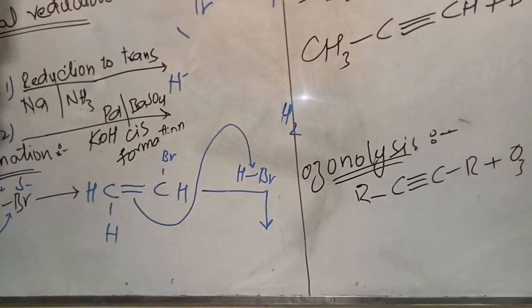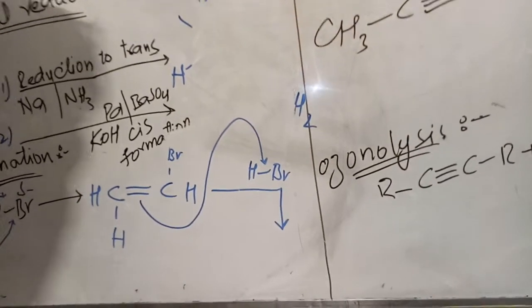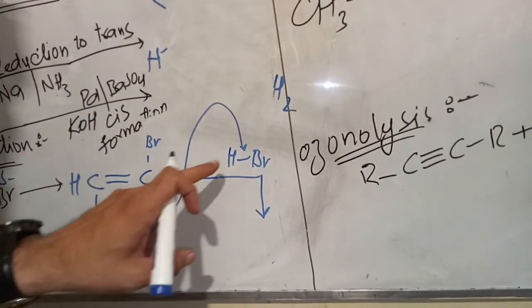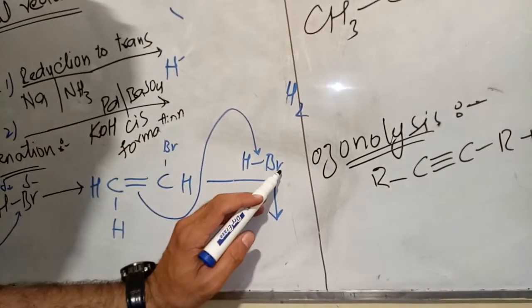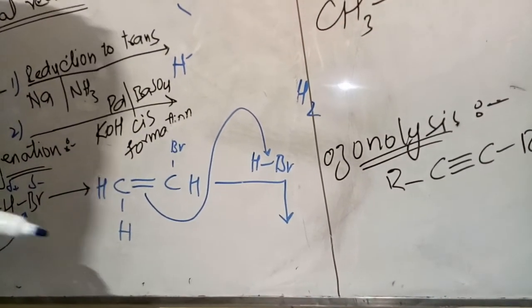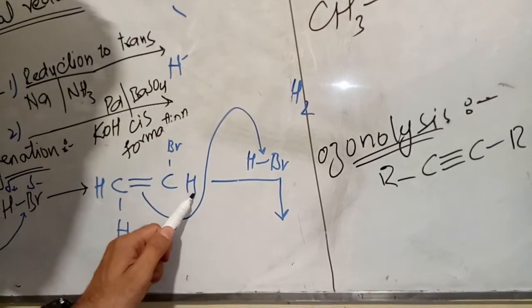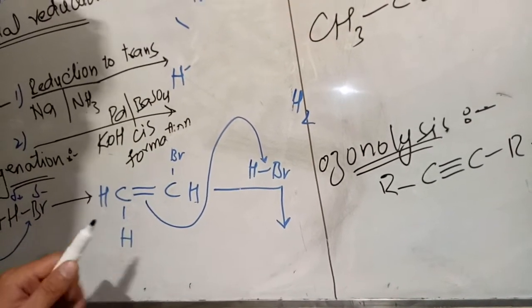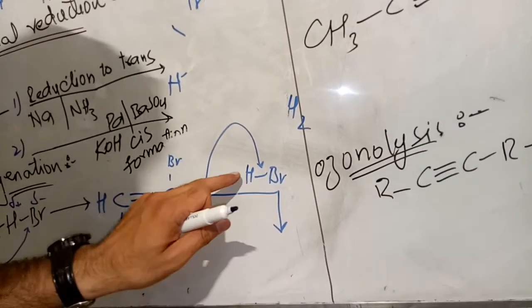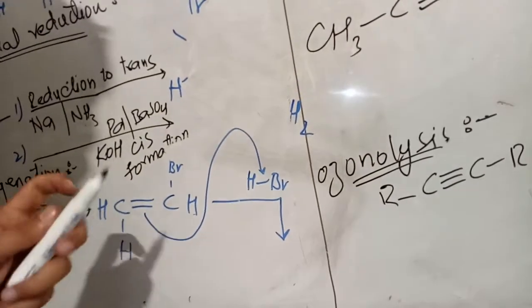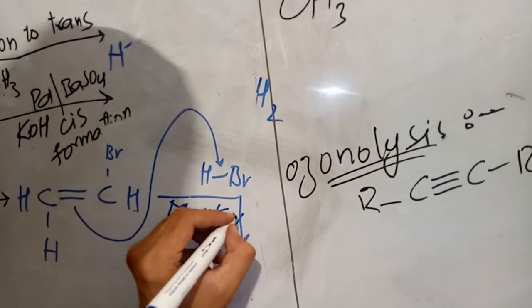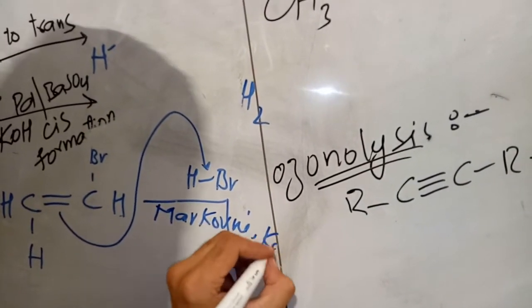Now if you remember, we have learned the Markovnikov rule, and that rule tells us that if an unsymmetrical alkene is added to HBr or some acid, the negative part will attach to the carbon atom which has the lesser number of hydrogens. As you can see, this carbon has one hydrogen, this carbon has two hydrogens. So by adding, the negative part must attach to that carbon and hydrogen must attach to the other carbon according to the Markovnikov rule.